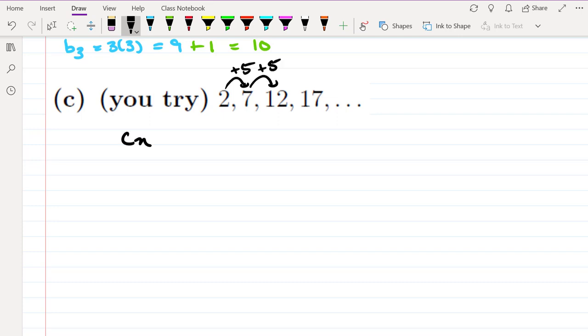So we're going to start with c sub n is equal to 5 times n, but we don't want to start at 5. In fact, we want to start at 2. So what do I have to do to the number 5 to get to 2? Well, 5 take away 3 gives me 2. So my general term of this sequence is going to be 5n minus 3.